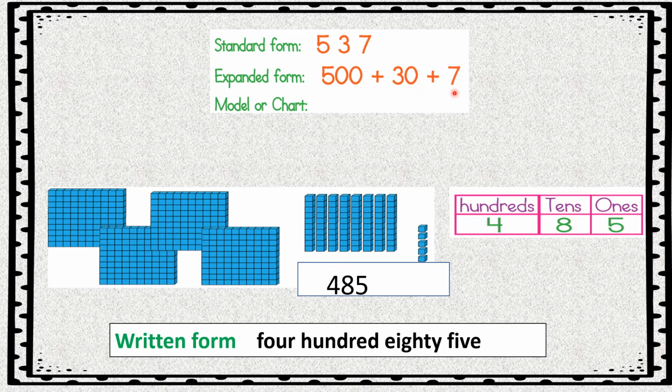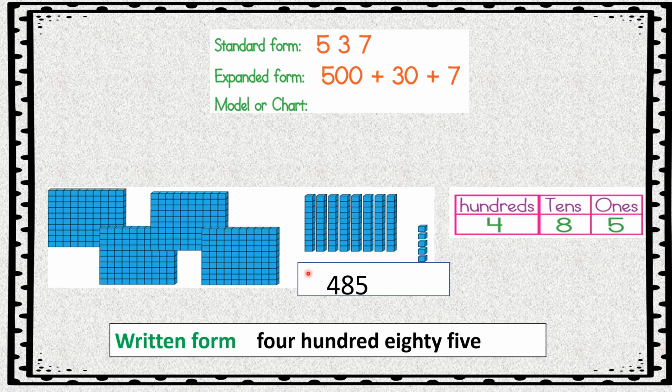Now, I can also model it, and I model it by drawing pictures. The number 485. I can draw 4 hundreds, 1, 2, 3, 4 hundreds.